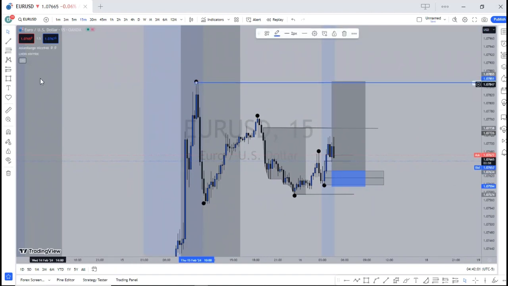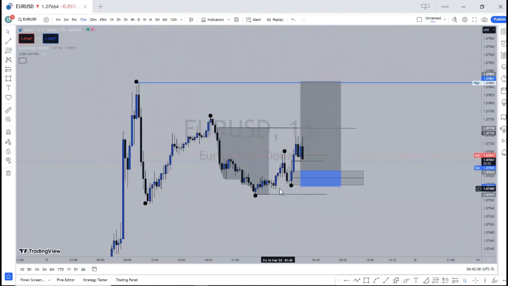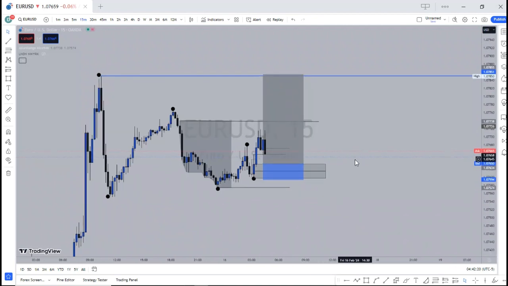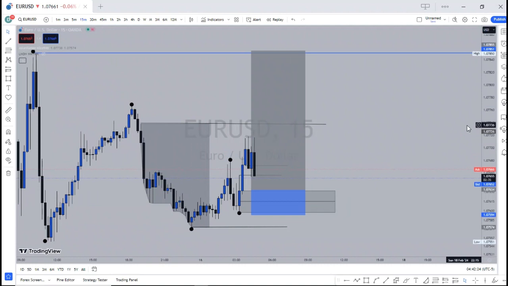But my favorite is actually the New York session, because I would prefer to let London do whatever it wants to do. It could possibly hunt, then trade lower. So I just want to wait for London to be done. After London is done, giving me a swing high and low, then I'll enter on the New York session and know my directional bias for that day.